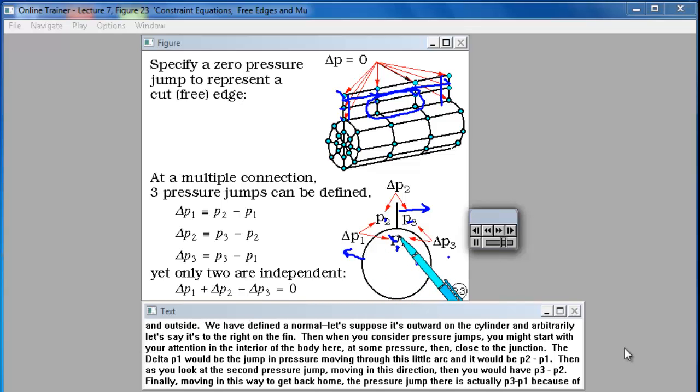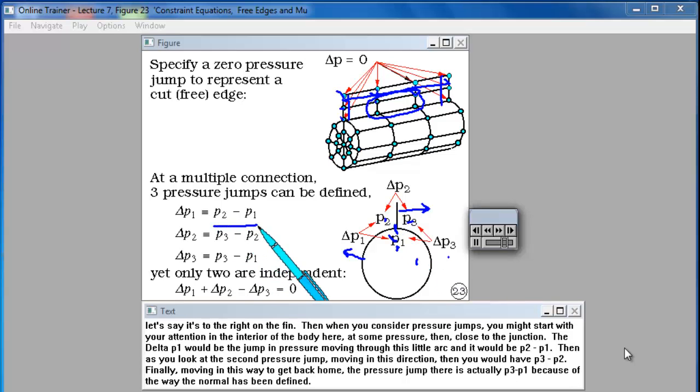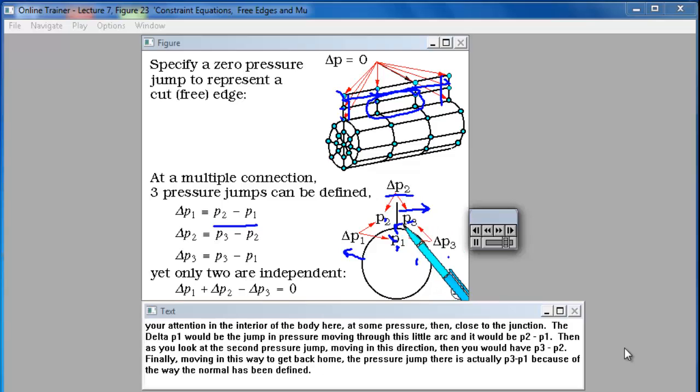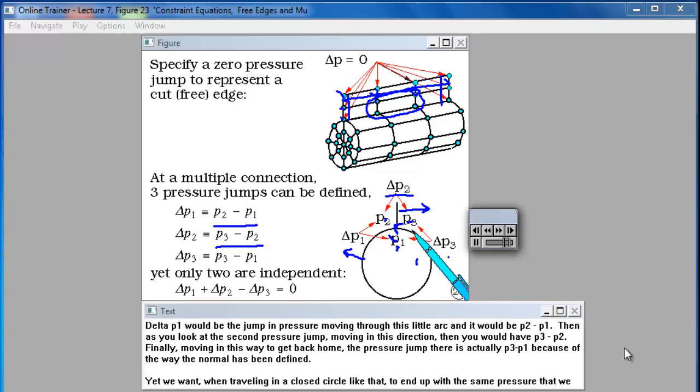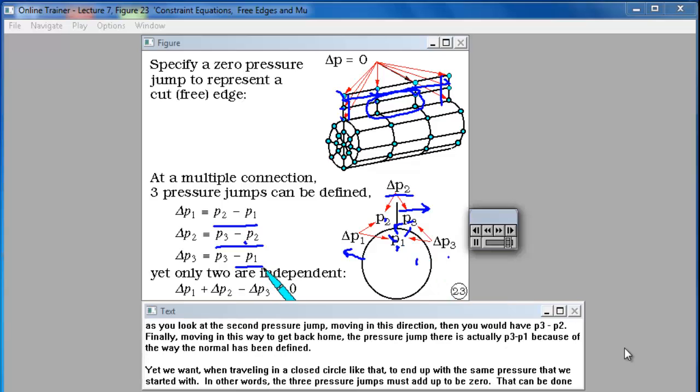The delta P1 would be the jump in pressure moving through this little arc, and it would be P2 minus P1. Then, as you look at the second pressure jump moving in this direction, you would have P3 minus P2. Finally, moving in this way to get back home, the pressure jump there is actually P3 minus P1 because of the way the normal has been defined.